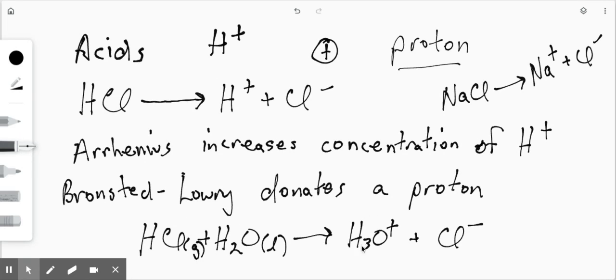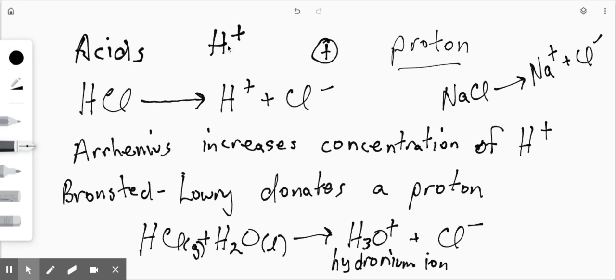So, don't get too upset about this weird looking ion. We're going to talk about that. This is called the hydronium ion. And it's an important ion to understand. But before we talk about the hydronium ion, just understand that an acid is a proton.